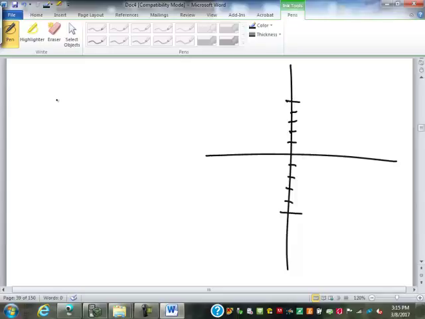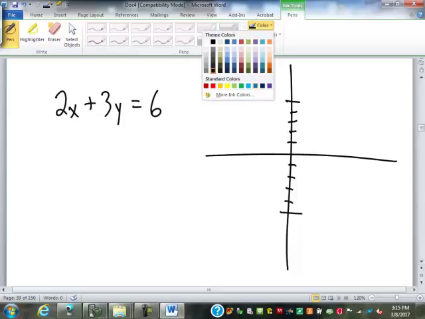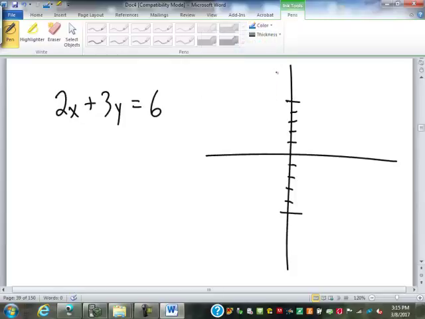So let's say we have 2x plus 3y equals 6. What do I have to do before I can graph that? Subtract 2x. Very good. So 3y equals 6 minus 2x.